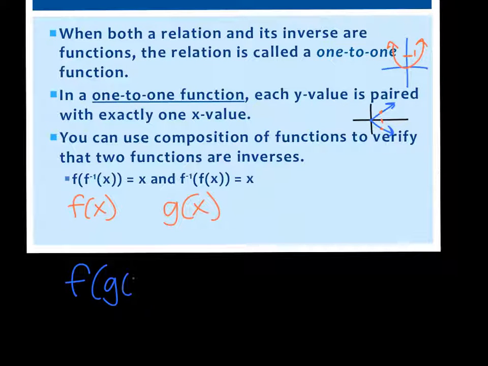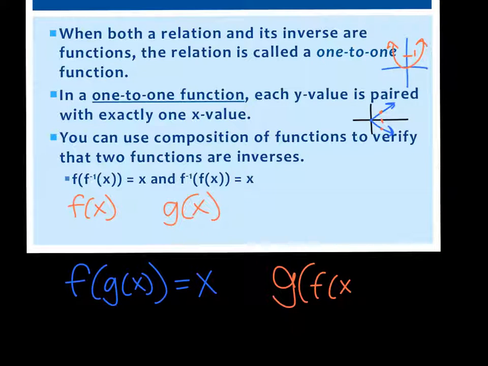F of g of x should give you just x when you simplify it, and g of f of x should give you x when you simplify it. And that's how you can identify, based on the equation, if 2 equations are inverses of each other. So you're checking for 2 things. 1, is it 1 to 1? 2, is one function the inverse of the other? And you have to do the composite functions of those.